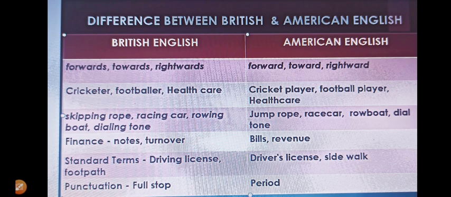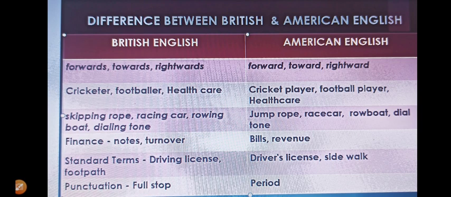While using compound nouns, Americans prefer the bare infinitive where the British love the gerund. For example, in British, skipping rope; in American, jump rope; in British, racing car; in American, race car; in British, rowing boat; in American, rowboat; in British, dialling tone; and in American, dial tone.